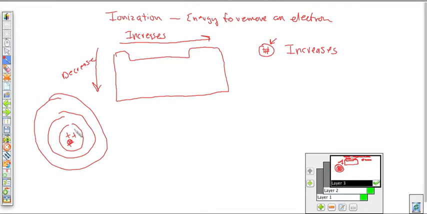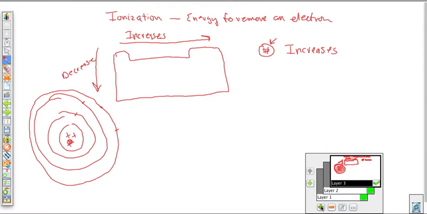All these electrons are shielding the positive charges, repelling in essence, and these are really far away. Every time you take a step down, you're adding a whole other shell, which makes those electrons further and further away. Just like little magnets, the further apart they are, the easier it is to separate them. So the energy to remove an electron as you go down decreases.